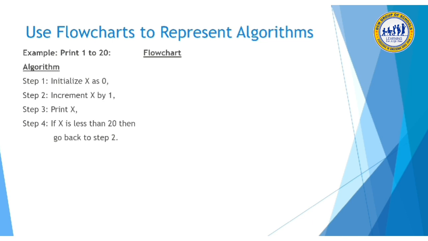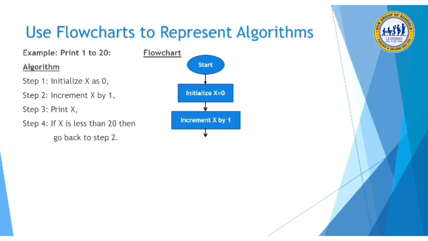The same can be seen in the flowchart. Starting with the terminal box, then initializing x as 0, which is represented in a rectangle. The next process is incrementing x by 1 and then print x, which is represented in a rhombus shape.